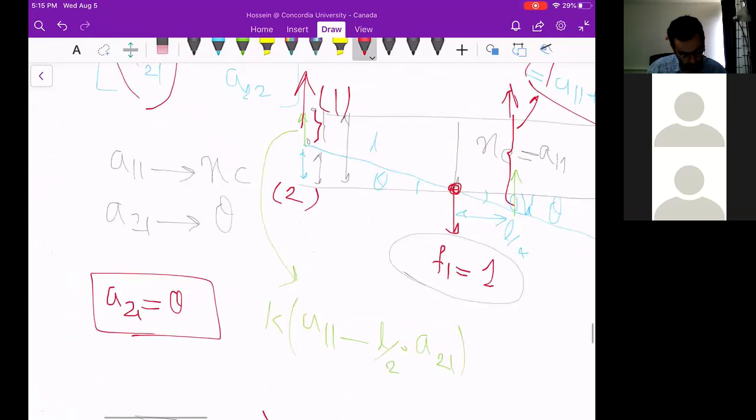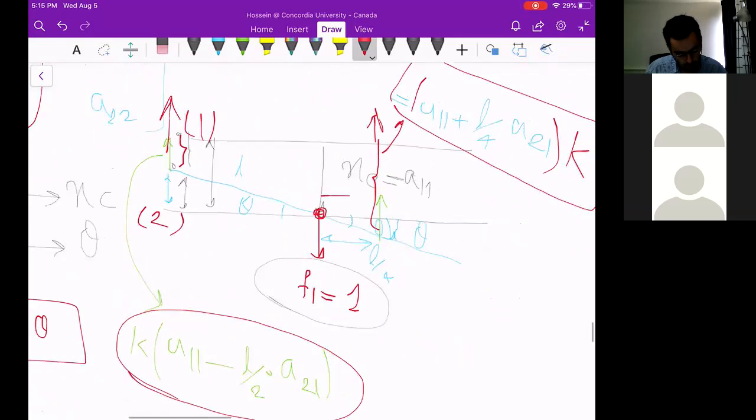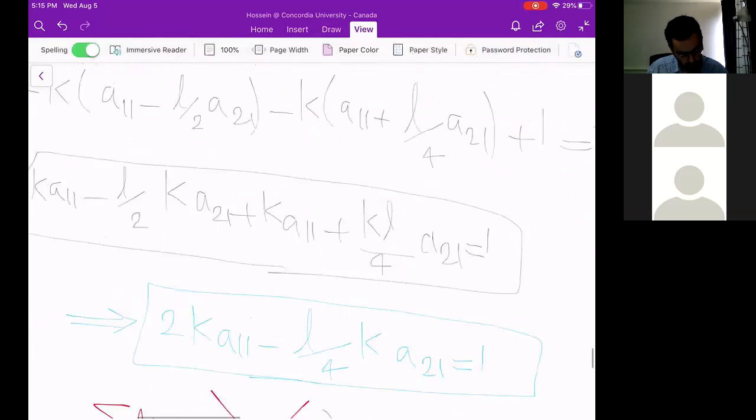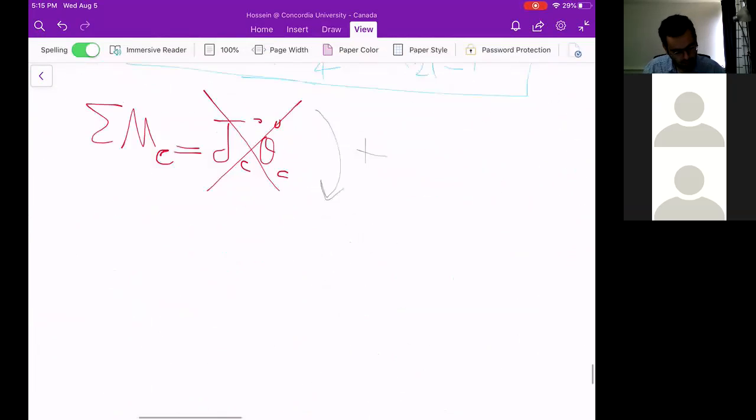We don't have the force, just multiply by the corresponding arm here and here. And then just calculate here.